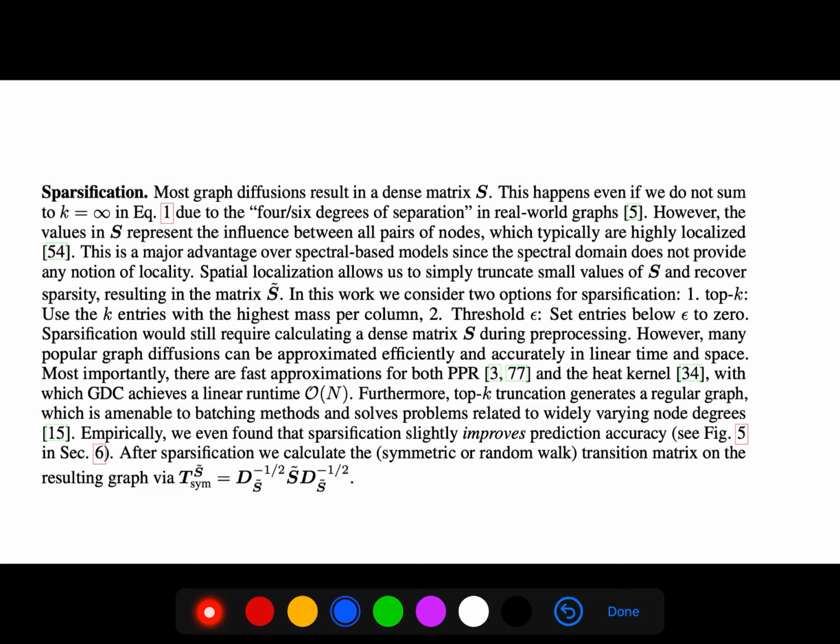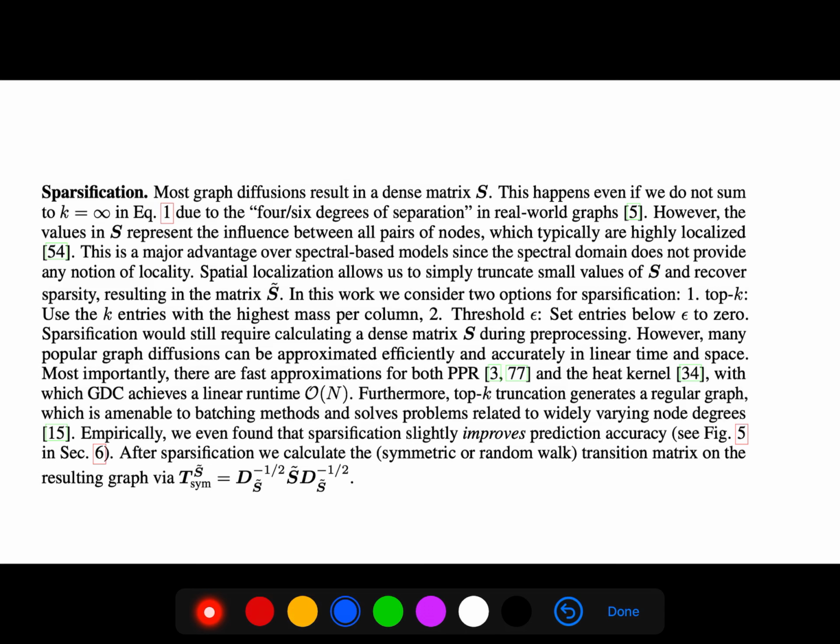Most graph diffusions result in a dense matrix. This happens even if we do not sum to infinity. However, the values in S represent the influence between all pairs of nodes, which typically are highly localized. This is a major advantage over spectral models, since the spectral domain does not provide any notion of locality.